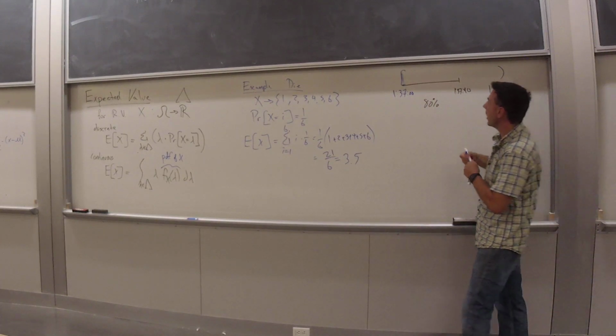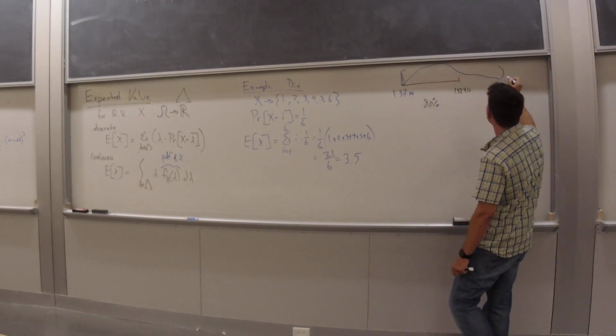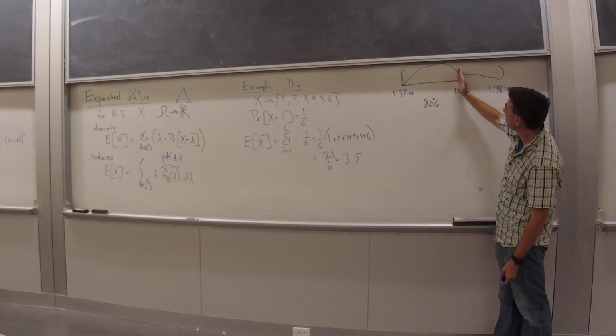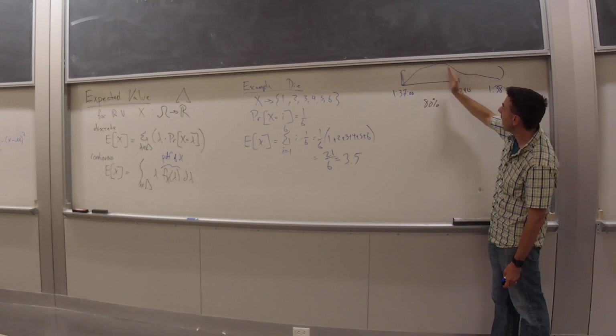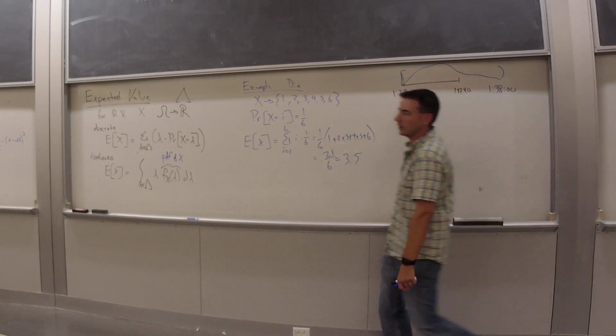So there's probably a probability density function here that looks like this. Up to here is 80%, but the average time is probably going to be somewhere in here, right?